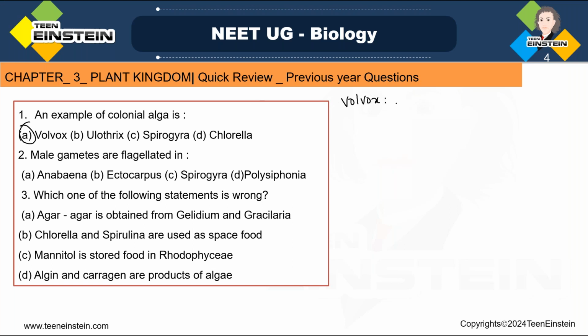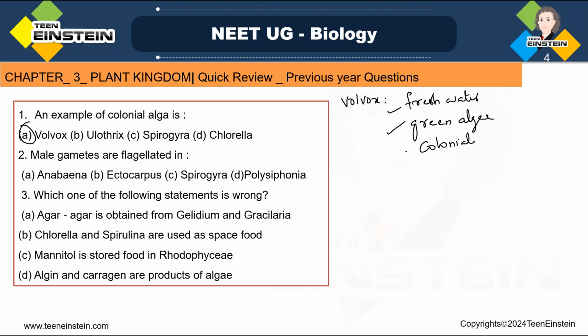Volvox is a colonial alga, a freshwater green alga. First you learn it is a green algae and a freshwater form. Then it is a colonial form, which is what the question asks. Another point is that it is motile.